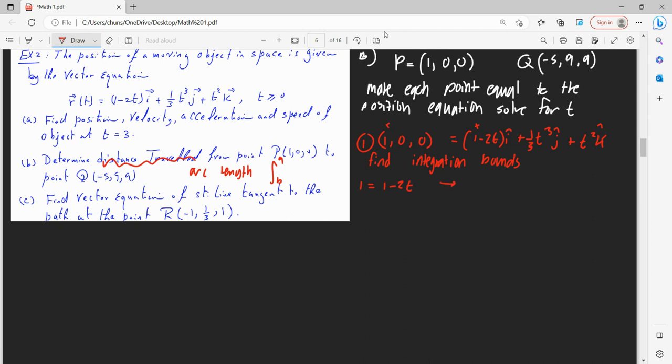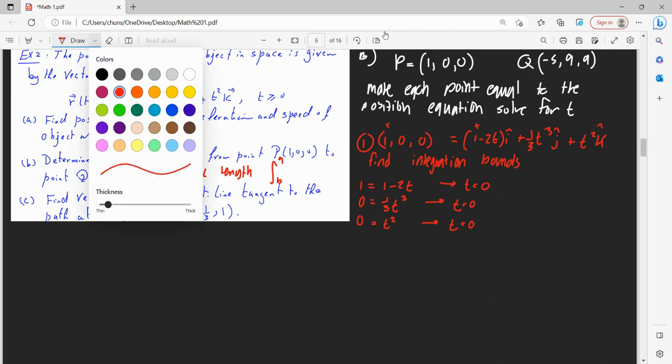So that's t equals 0. Next one, y component, 0 equals 1/3 t cubed, t equals 0. And lastly, 0 equals t squared, t equals 0. That is our bottom bound, because we can't go below 0.